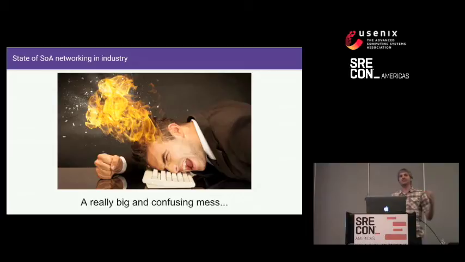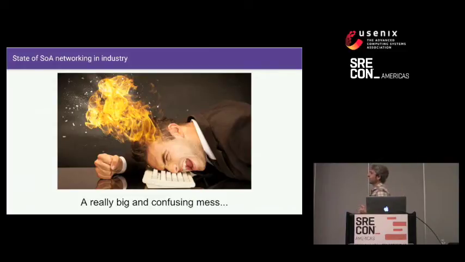Like everyone says in the industry now that SOA is the future and everyone should do microservices. But when the rubber meets the road and you go talk to developers, there's so much confusion in terms of debugging, in terms of observability. There's so many different things out there in terms of the libraries that they just don't trust the network. They don't understand when things are going to go wrong. They don't understand how to debug. And they would prefer to just stick with their monolith or ship fat libraries and do all of these things.